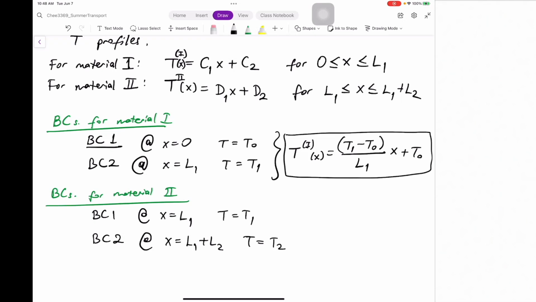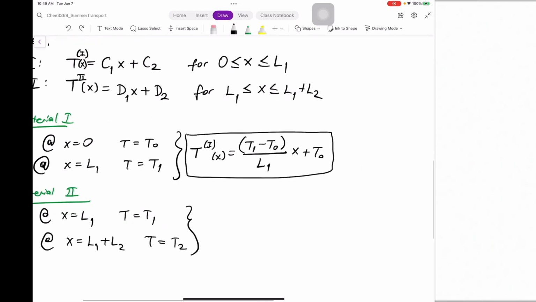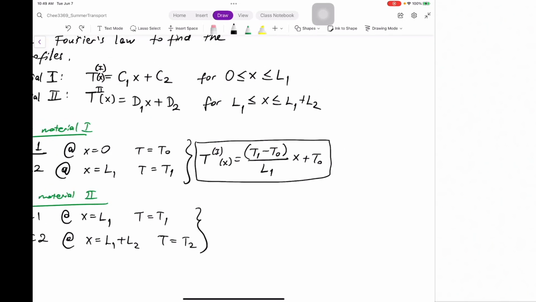Then these two equations, accompanied with this temperature profile, will give you D1 and D2. You can solve for D1 and D2.